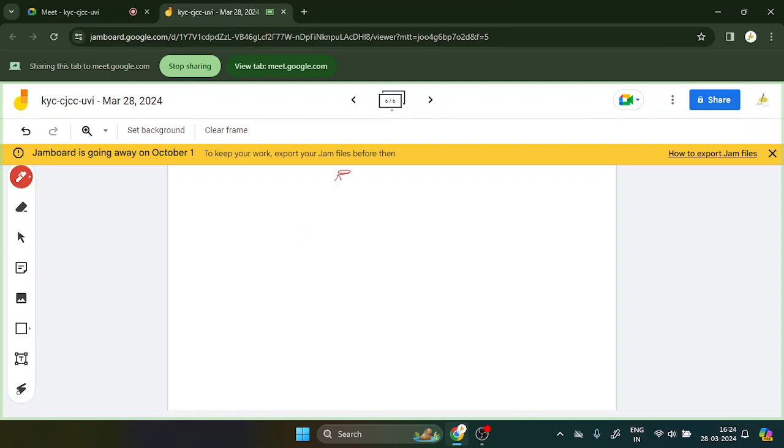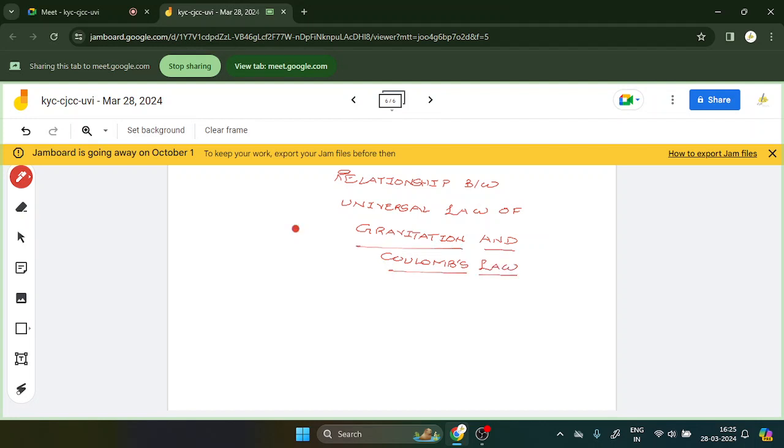So let us write here a relationship between the universal law of gravitation and Coulomb's law. What is the relationship? Let us discuss that.